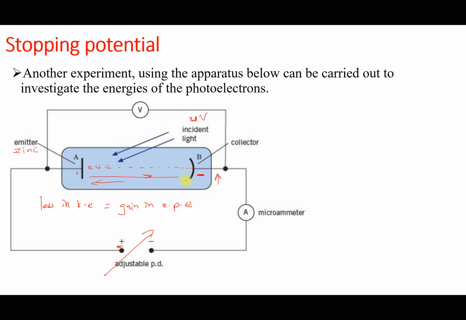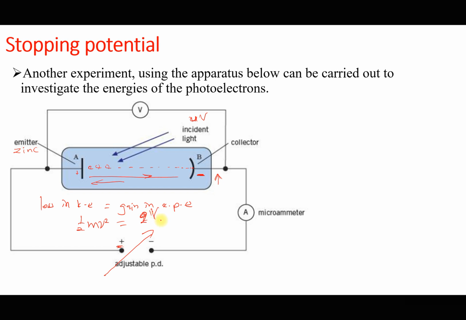It is moving against the force of repulsion, which means it is gaining electric potential energy. And remember from electric fields, we saw that electric potential energy is the charge times the potential difference between the two plates. So it means that half m v squared is going to be equal to the charge times V.